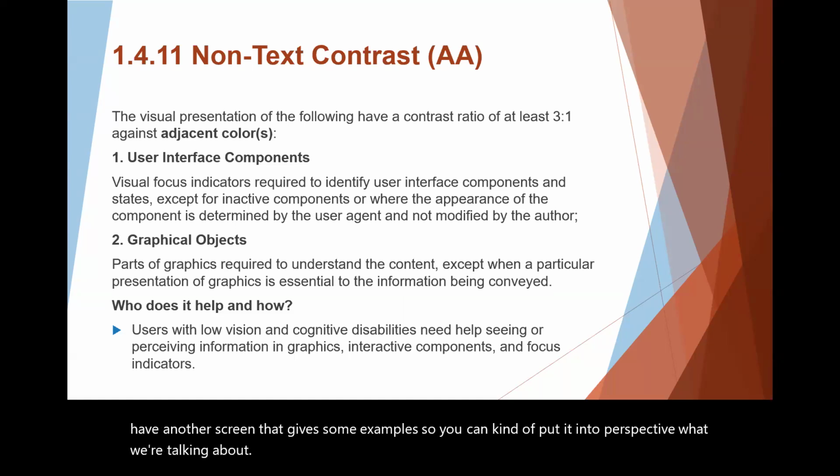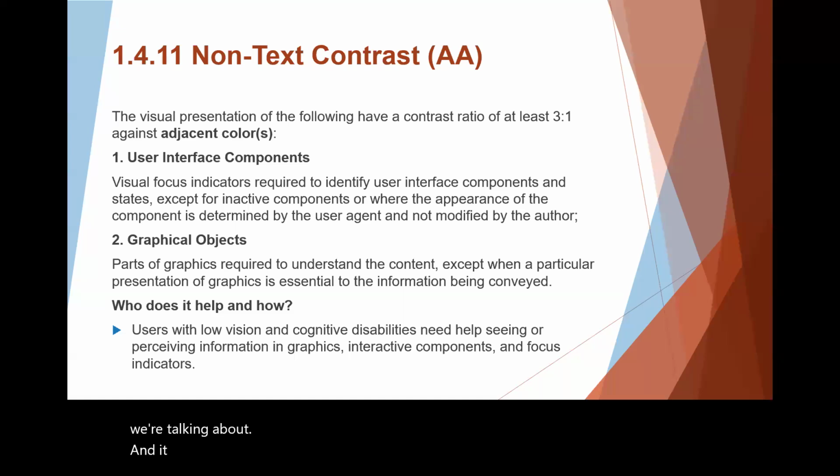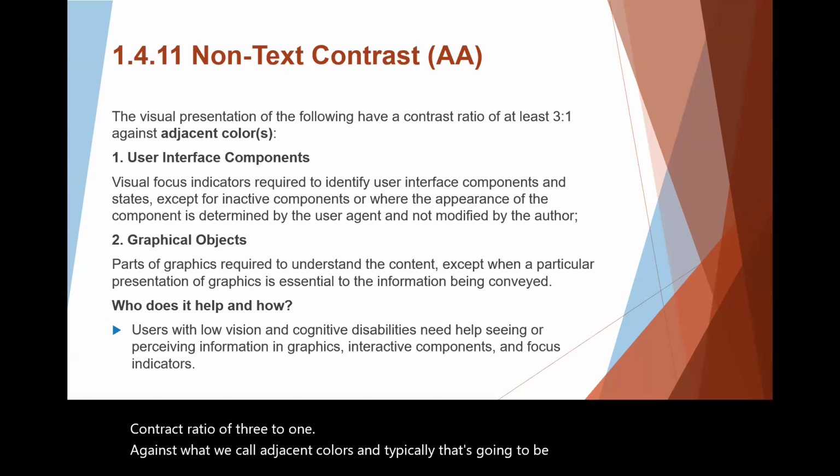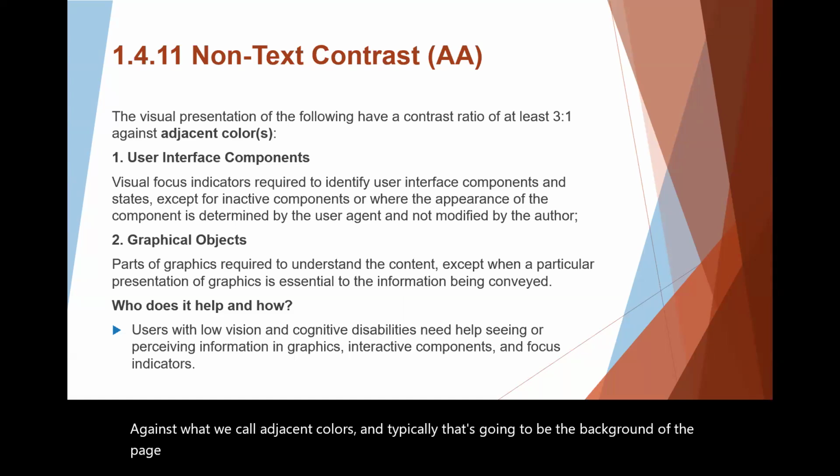And it covers a contrast ratio of 3:1 against what we call adjacent colors. And typically that's going to be the background of the page, or it might be the background of a button, or different things that I'll get into and show you on the next one.